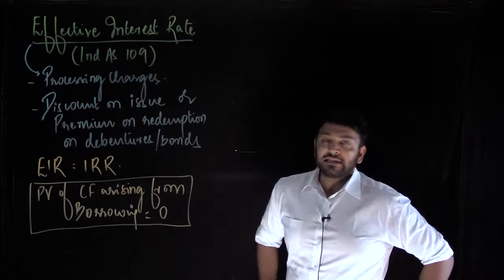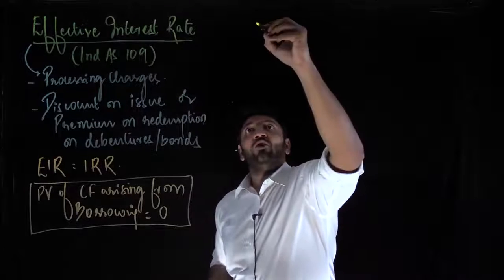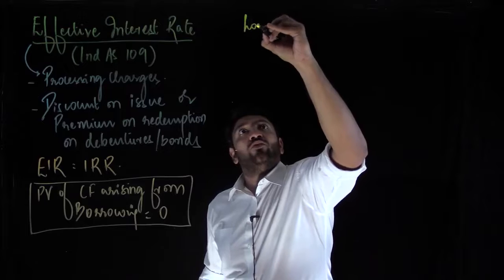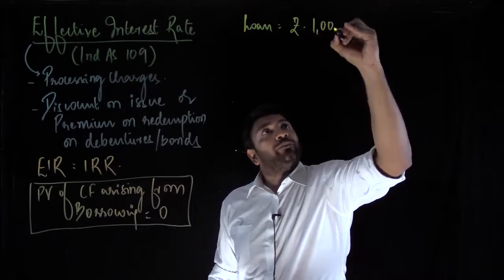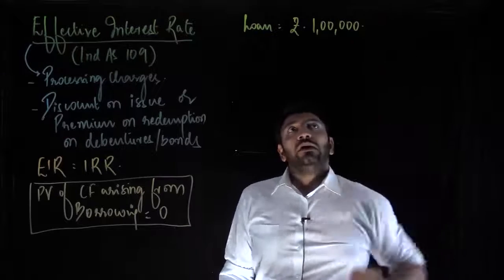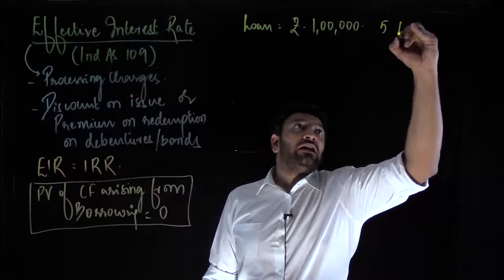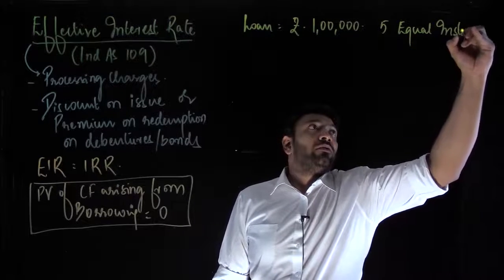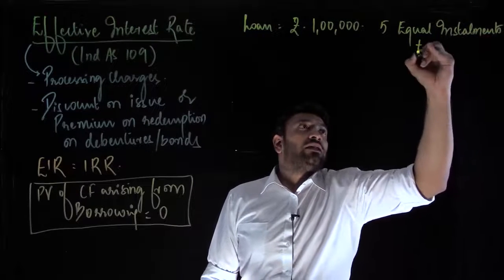For example, let's take an illustrative understanding of this. Let's say I have a loan, and let's say this bank loan was about ₹1,00,000, and this had to be paid in 5 equal installments along with interest.